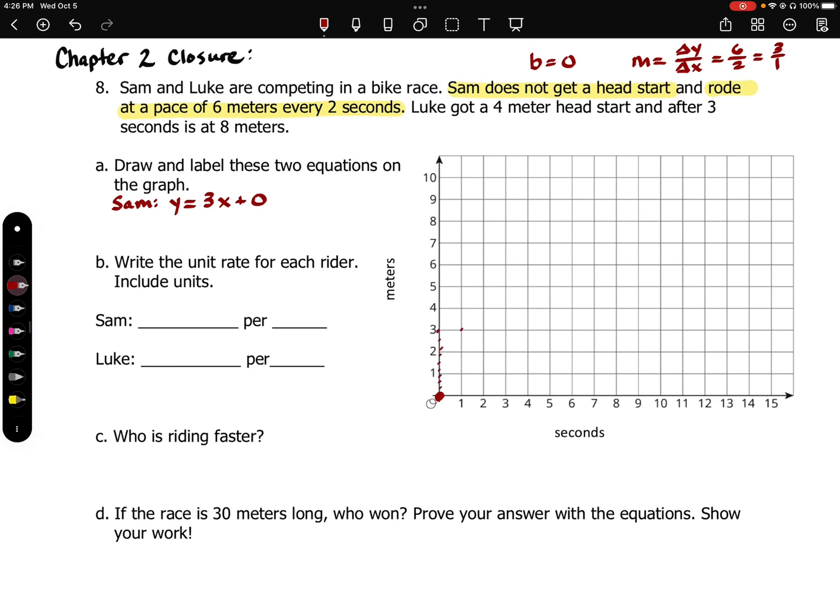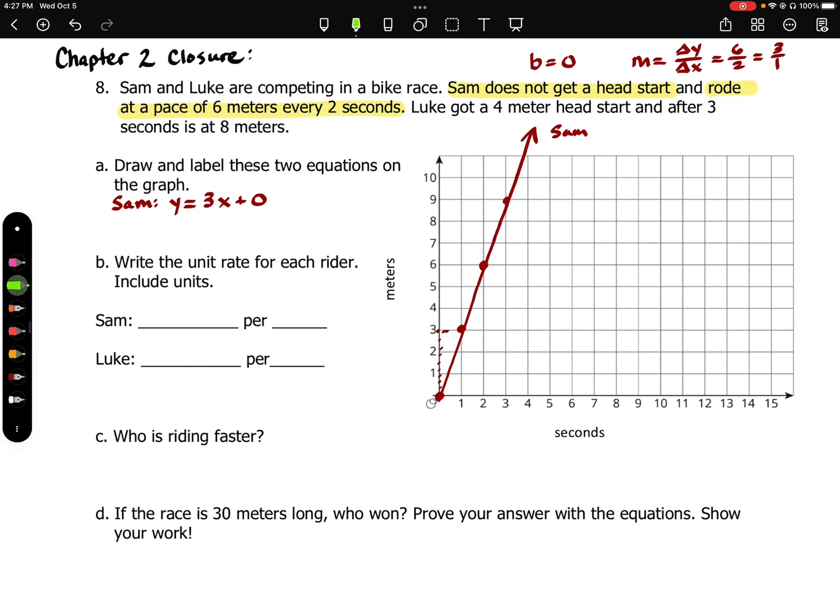If we went up 3 and over 1, there would be a point. Up 3 and over 1, up 3 and over 1, and we have a line that looks like this. So that we could say is Sam.